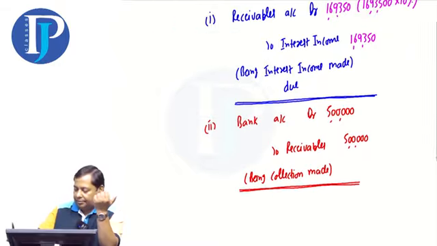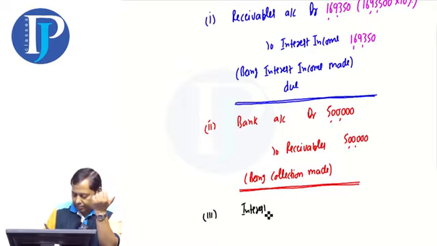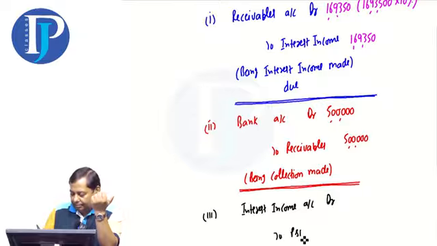Here is point C. Interest income account, debit to P&L. The income is 169,350.